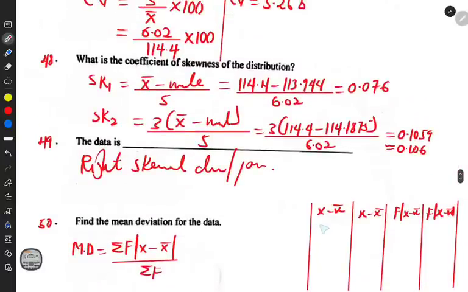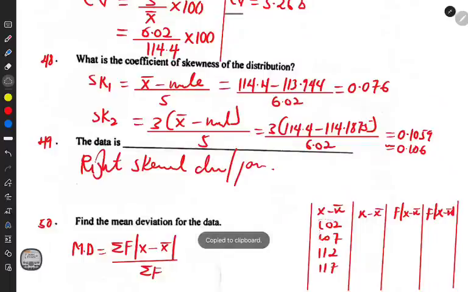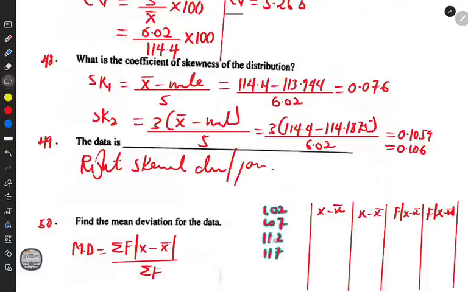So we have the first one, 102, 107, 112, 117. Let me copy this. That's supposed to be the x values coming up.